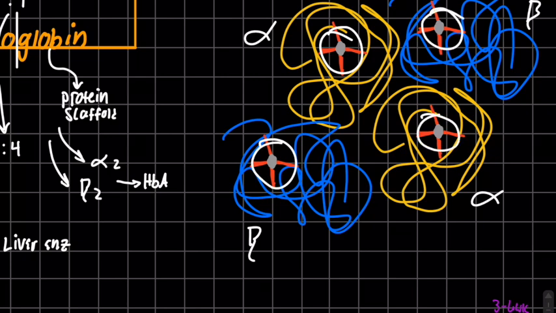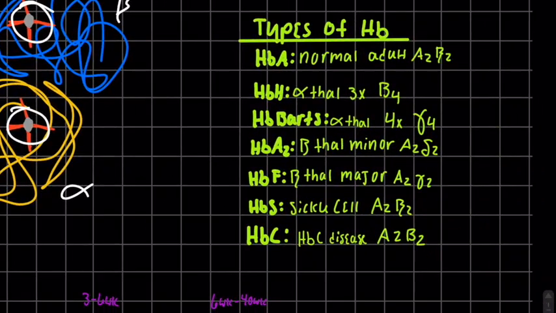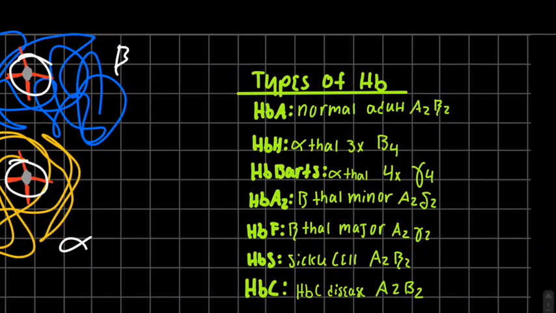So when we talk about hemoglobin, we said that the normal adult hemoglobin is hemoglobin A, and that it consists of 2 alpha and 2 beta chains, but there are a lot of different types of hemoglobin, so let's take a look at some of those now. I've listed out the most clinically relevant, or the most step relevant, different types of hemoglobin, and at the top we have hemoglobin A, which is normal adult hemoglobin.